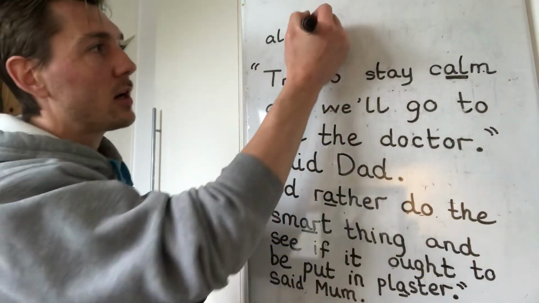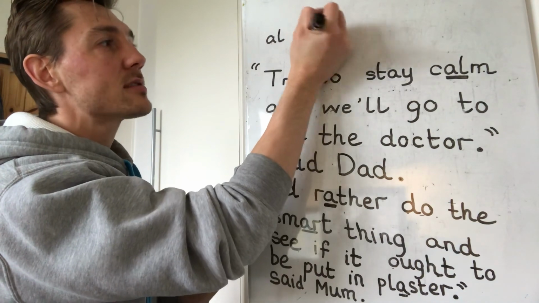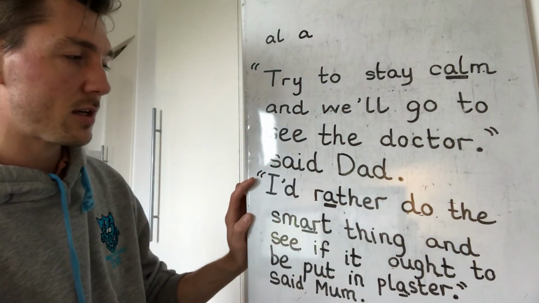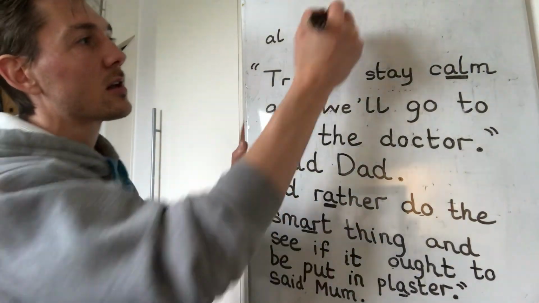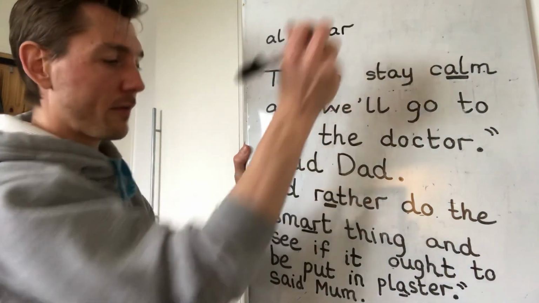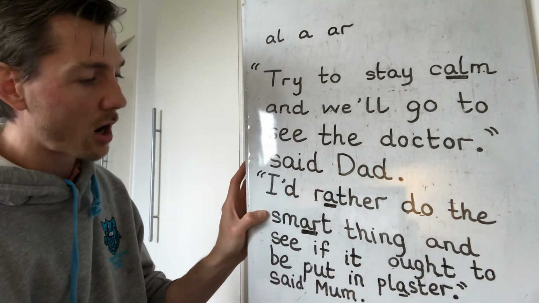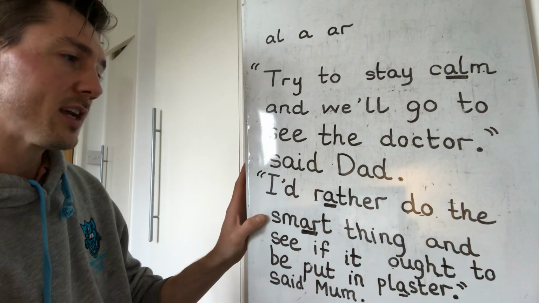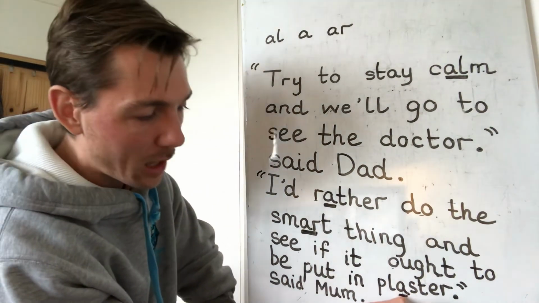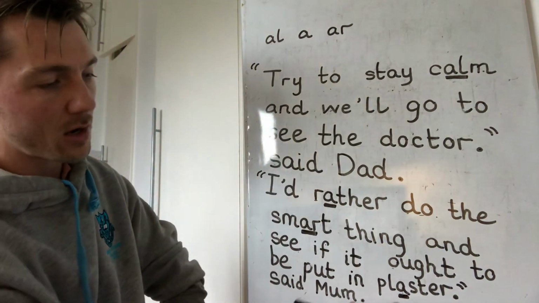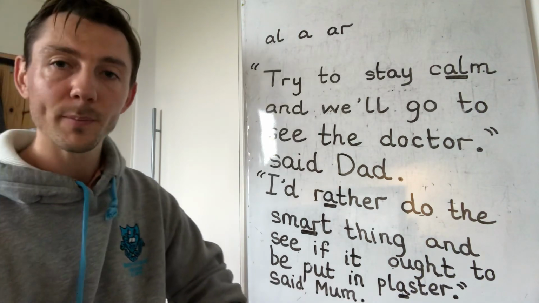I'd rather, A on its own, spelling of R, as in ask, and father, and rather, do the smart, A-R spelling of R, as in smart and start and car, thing, and see if it ought to be put in plaster, A on its own spelling of R again, plaster, said Mum.